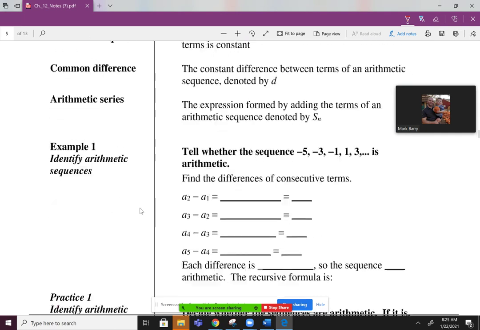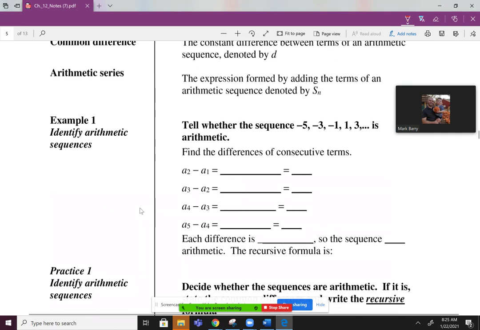Let's take a look at our first example. We have a sequence here: -5, -3, -1, 1, 3. We're going to determine whether or not it's arithmetic. This is the official way to do this. There is definitely a shortcut that I will show you right after we're done, but this is the official way.